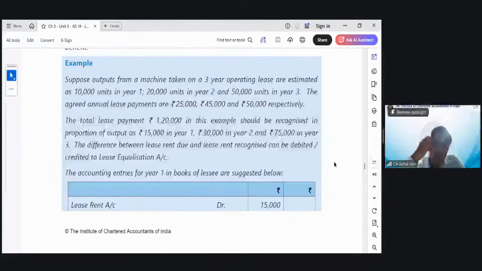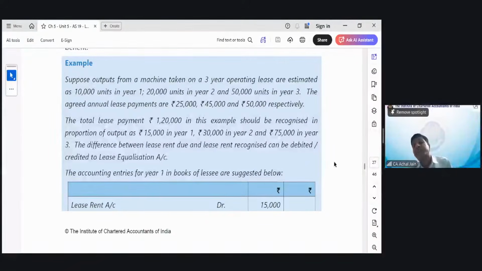Now, in this case, there's one more consideration, and that is what you call escalation. Sometimes each year the lease rent that we pay, or that we receive as the lessor, may be increasing year on year.